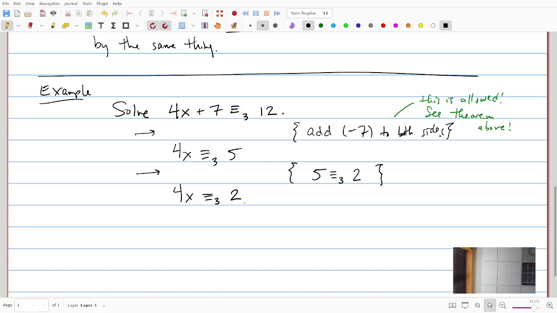Formally I'm using transitivity, but I can just think of it like, I can always reduce something mod 3, and it'll still be equivalent. Put another way, saying that something is equivalent to 2 modulo 3 is the same as saying it's equivalent to 5, because 5 and 2 are the same in terms of their remainder divided by 3. Okay? Can I do something similar to this side? Can I reduce that at all?